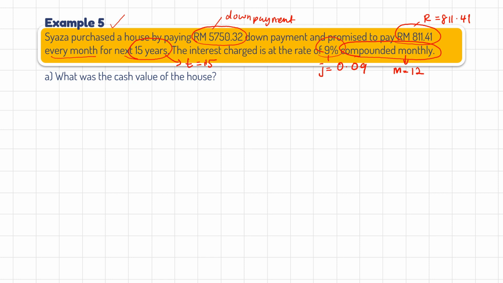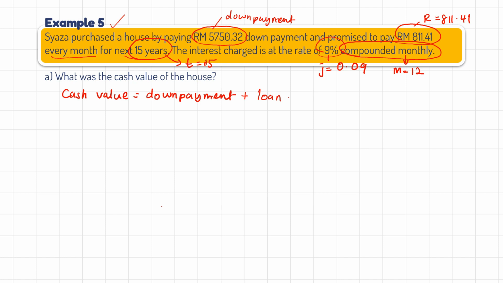The first question is asking for the cash value of the house. What does cash value mean? Cash value equals down payment plus the loan. So this is the cash value of the house. We need to add the down payment together with the loan.